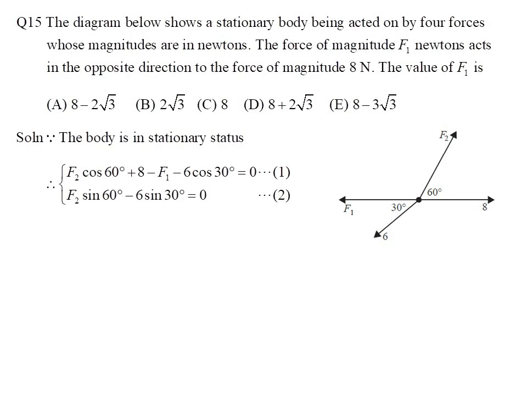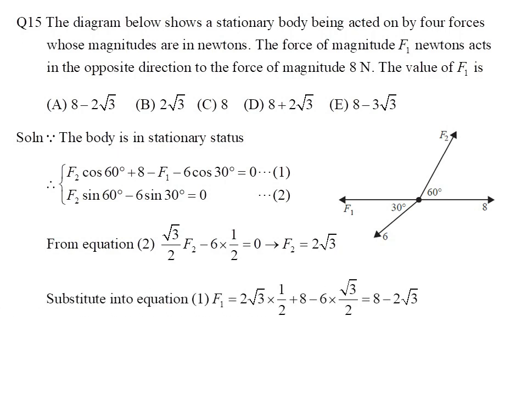Here we label the above equations 1 and 2 respectively. From equation 2, F sub 2 equals 2 square root 3. Then we substitute this value into equation 1 to calculate F sub 1, which equals 8 minus 2 square root 3. Therefore, the answer for question 15 is A.